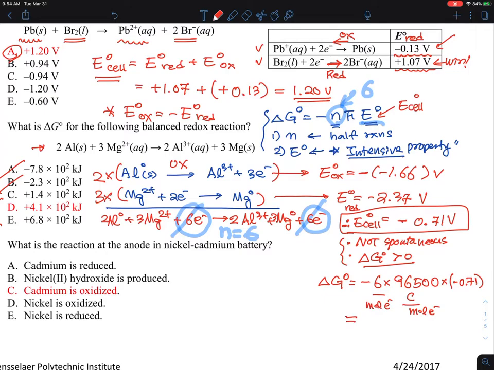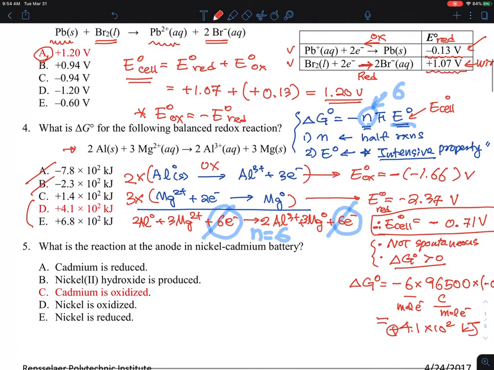And if you do the math, you will get 4.1 times 10 to the 2 kilojoules with a plus sign. So that's the answer for this.